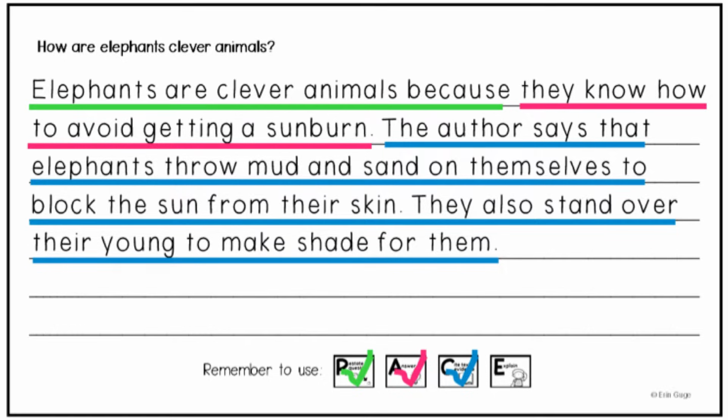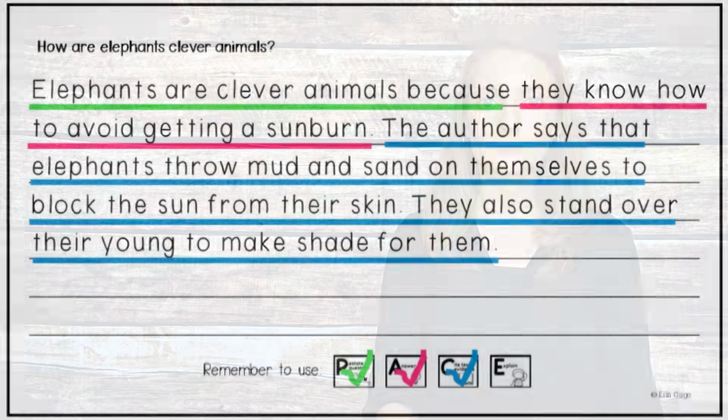The author says that elephants throw mud and sand on themselves to block the sun from their skin. They also stand over their young to make shade for them. And here you can see the restated question words underlined in green, the answer in pink, and the text evidence underlined in blue. And those are also checked off at the bottom.